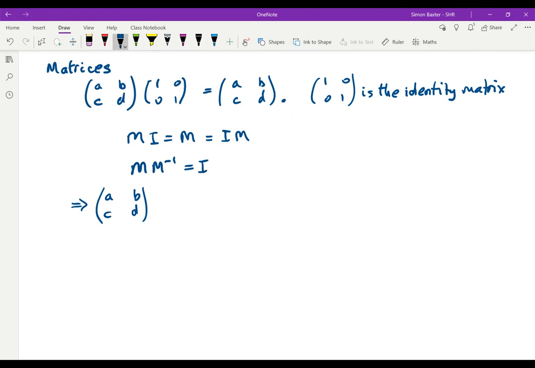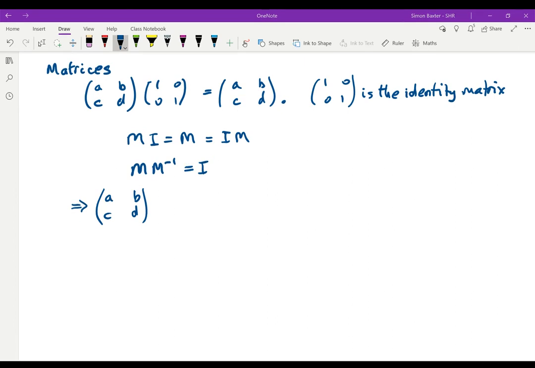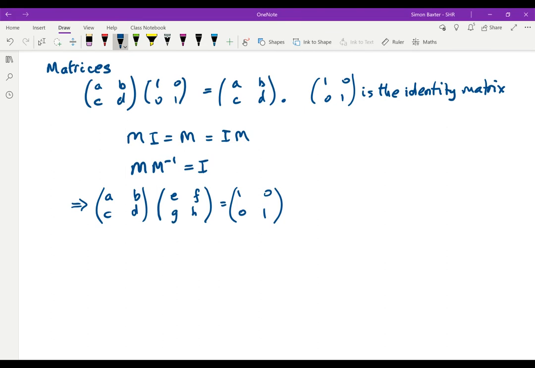We have the matrix M, A, B, C, D, and we're looking for a matrix M inverse to bring us back to the identity. Let's call the inverse matrix E, F, G, H. Then we're trying to find values for E, F, G, and H so that this equation works.